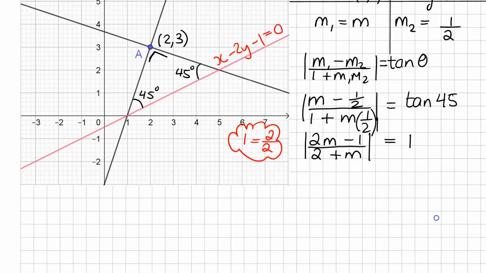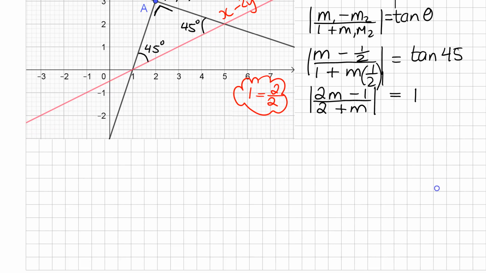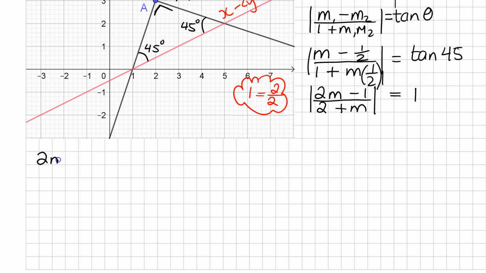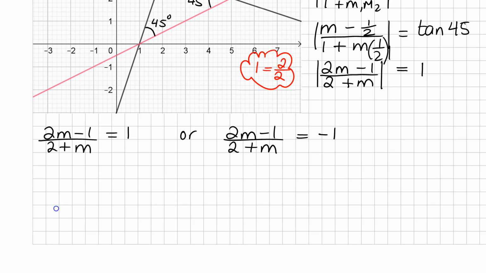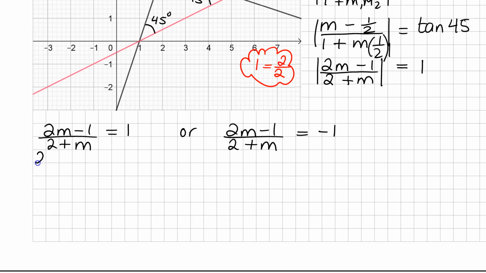Now I'm going to make use of my absolute values, because what I now know at this stage is that 2m minus 1 over 2 plus m is equal to 1, or 2m minus 1 over 2 plus m equals negative 1. So just working with both of these separately, 2m minus 1 equals 2 plus m. So bringing my m over here will give me m is equal to, and 2 plus 1 is 3.